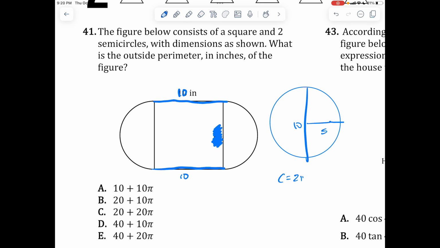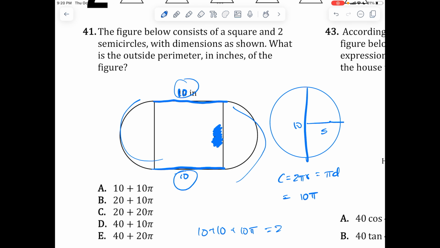C equals 2 pi r equals pi times diameter, 10 pi. So your answer is going to be 10 plus 10, this plus 10 pi, which is these two combined into 10 pi. That's 20 plus 10 pi.